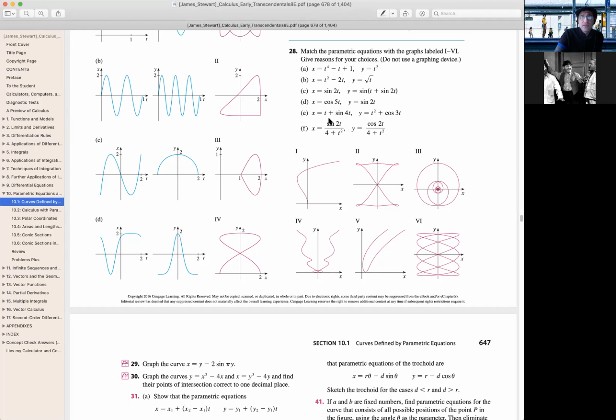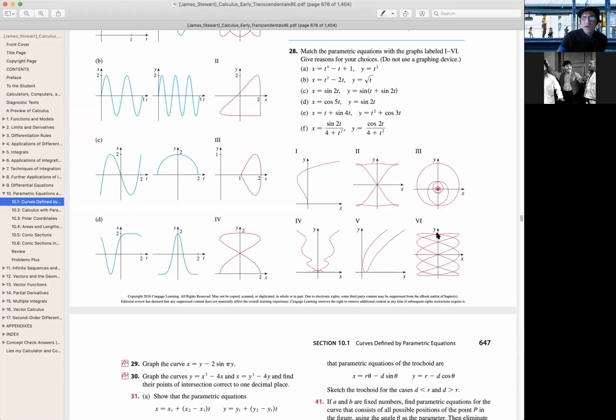Furthermore, notice that cosine 5t, when t is varying from 0 to 2 pi, is going to take the value of 0, that is x will be 0, 10 times in the interval from 0 to 2 pi.